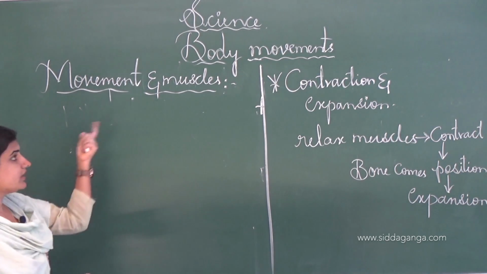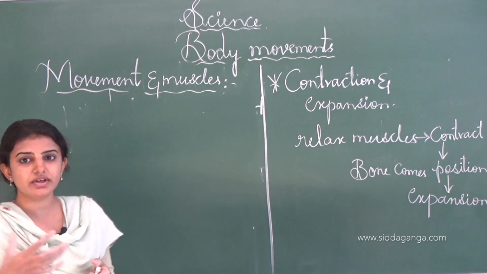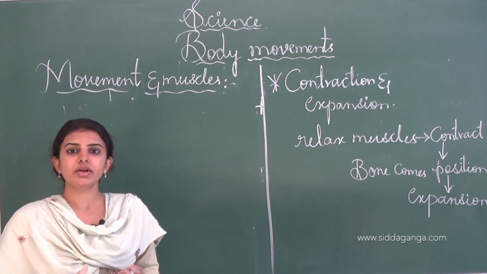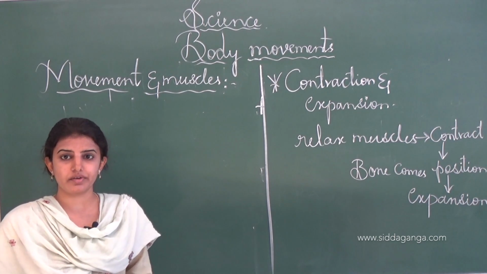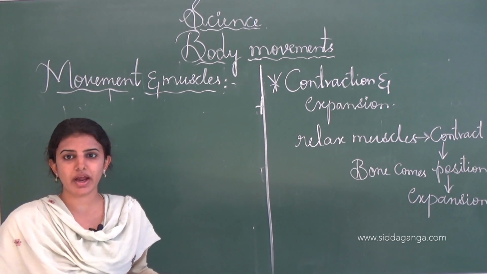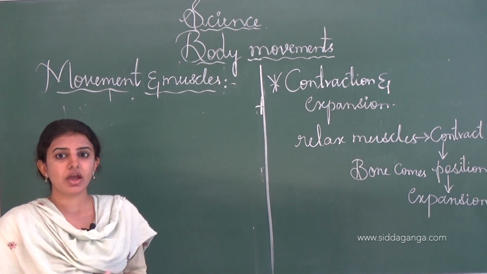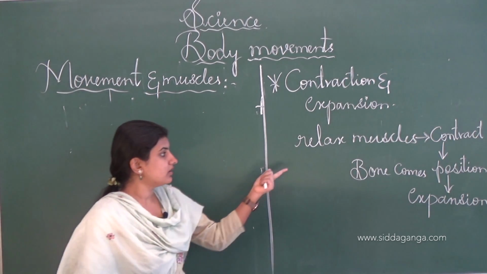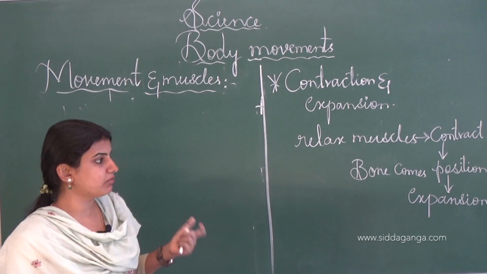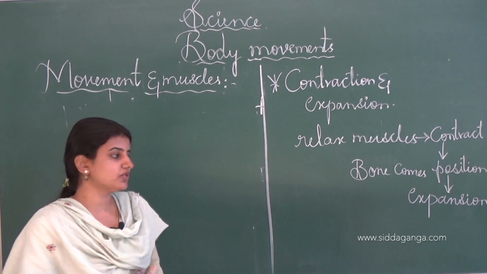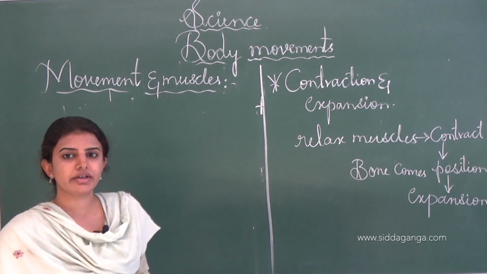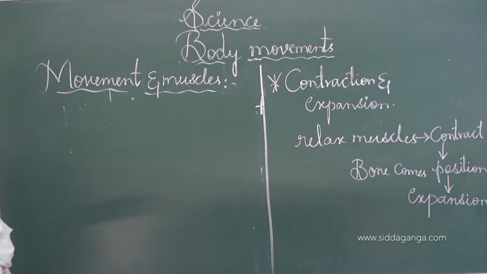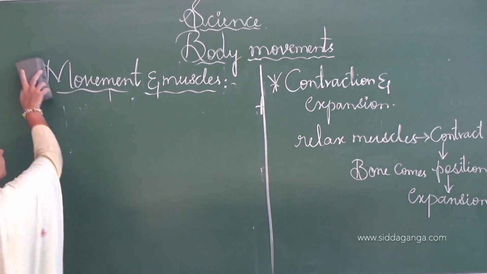And in muscles, contraction as well as expansion take place: if we stretch our hand, the bone will be pulled and thereby contraction takes place. And if we contract the relaxed muscle, the bones come back to the original position, thereby expansion takes place. This is how the muscles work in a pair.